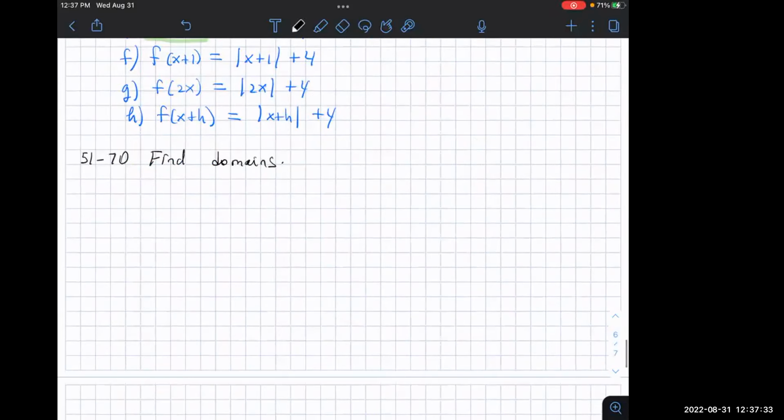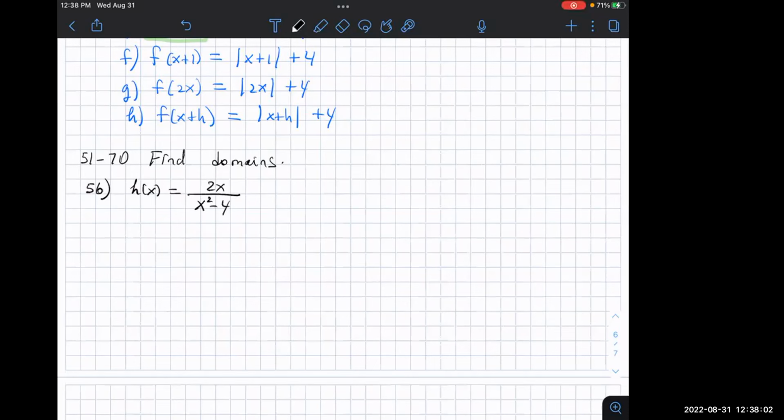Okay, we did x cubed, and with x cubed, you can always calculate a y. Let's look at 56. H of x equals 2x over x squared minus 4.